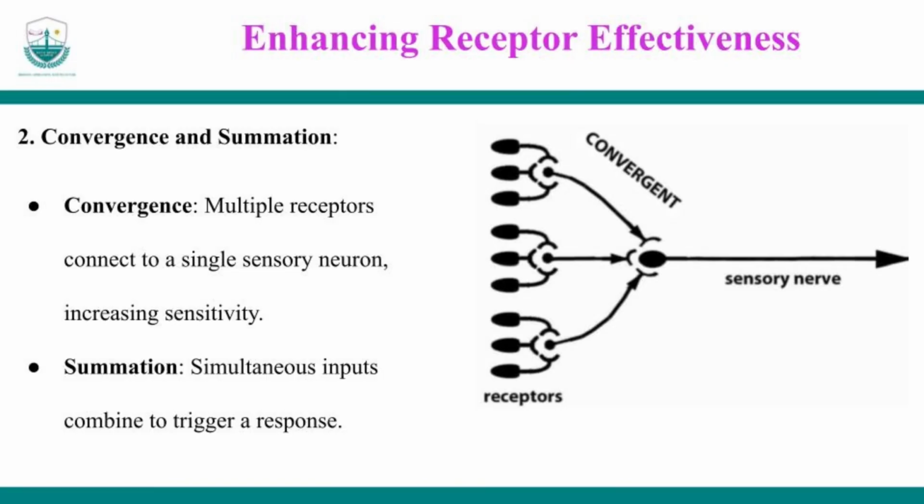So basically, the emphasis is that if you stimulate at the same time at close points, the interpretation of that stimulus is combined. Okay, so simultaneous input combined to trigger a response. That also increases the responsiveness or the effectiveness of these receptors.